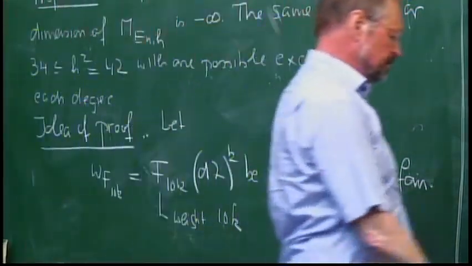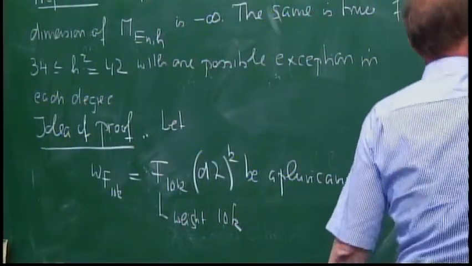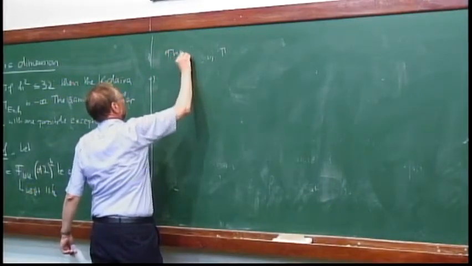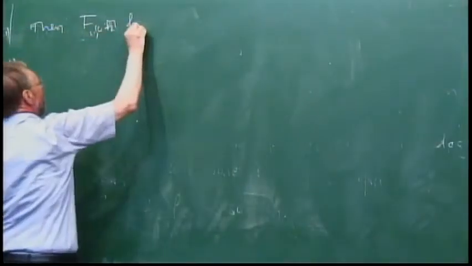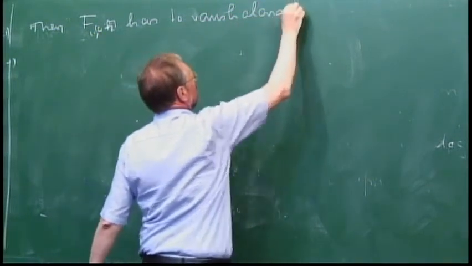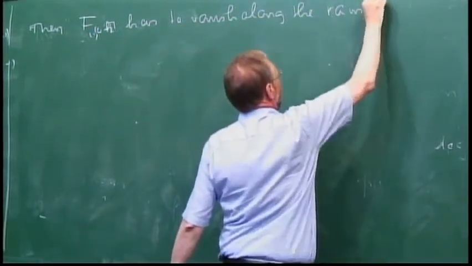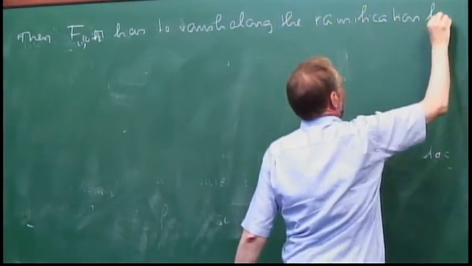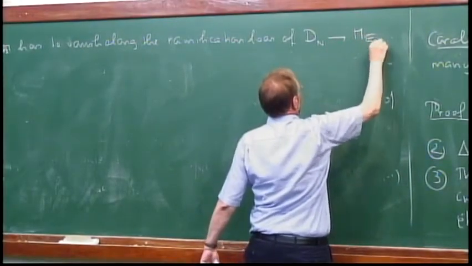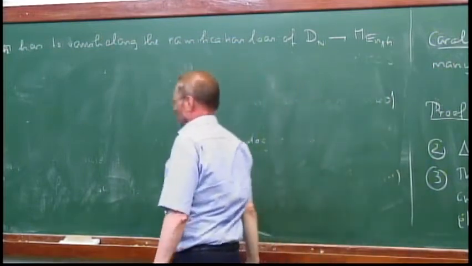Now, one thing I know about this modular form is that it has to vanish along the branch locus. Otherwise, it won't descend to a pluricanonical form on my modular variety. And f_{10k} has to vanish along, I should say, the ramification locus of the period domain to this modular variety.